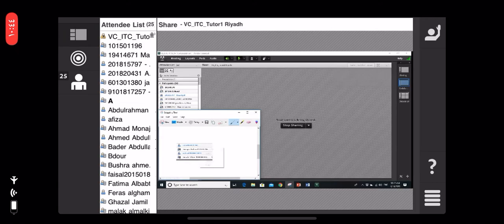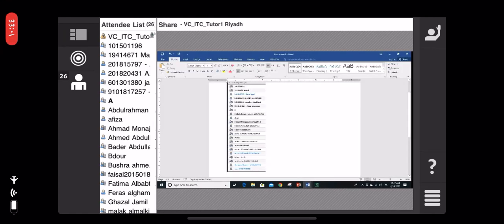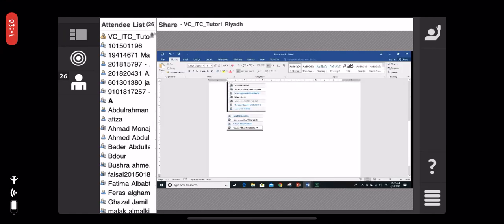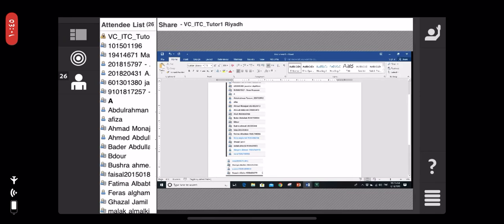So here we go, the names of the students. So we are good to go now.